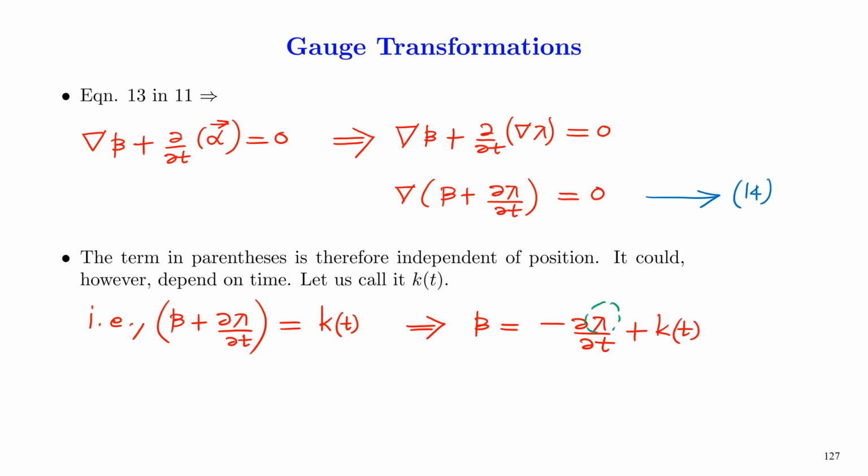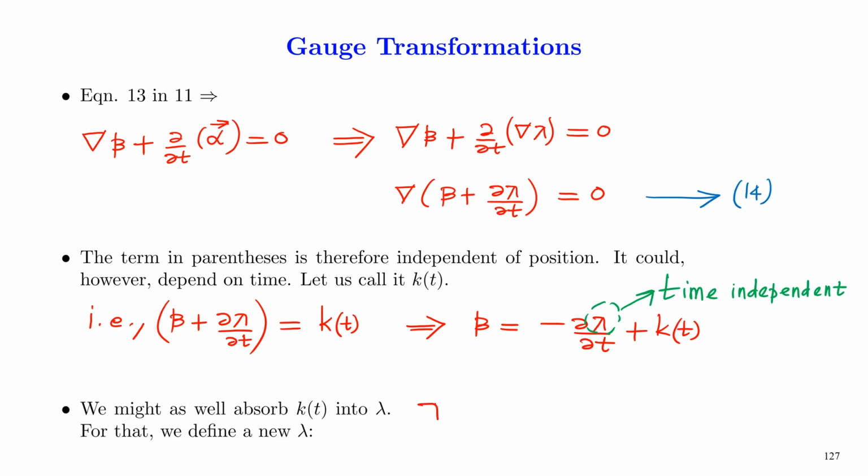The lambda here is a time independent quantity, and we shall devise a way by which we can absorb k(t) into lambda. To do that, we define a new lambda equal to lambda, which is time independent, plus the integral from 0 to t of k(t prime) dt prime.